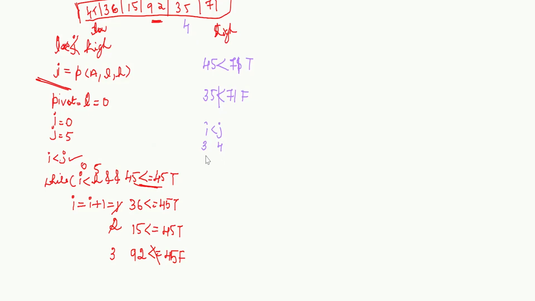That is what is going to happen. We are going to swap, and the new value of the array is going to be 45, 36, 15, 35, 92, and 71. I hope you're getting it. Any doubts, please comment in the comment section. I'm going to give you a clarification.